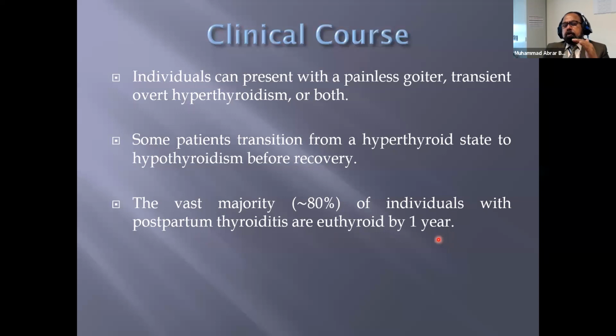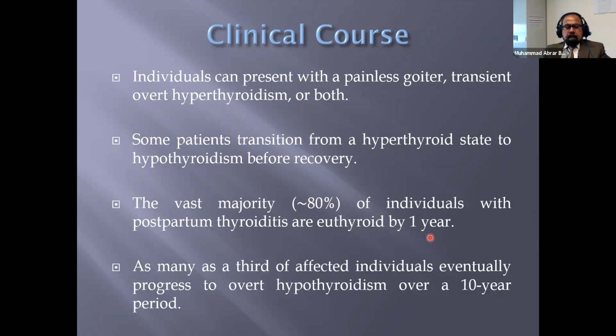Because it is postpartum, the thyroid has increased, so after 1 year the thyroid becomes normal. As many as a third of the affected individuals eventually progress to overt hypothyroidism. So if it is not postpartum thyroiditis and there is another cause, then slowly and gradually the thyroid is damaged, so less and less thyroid will be present to secrete thyroid hormone. They become hypothyroid in 10 years' time.